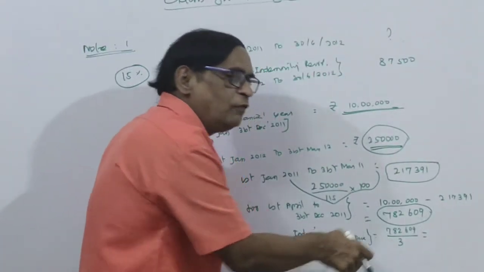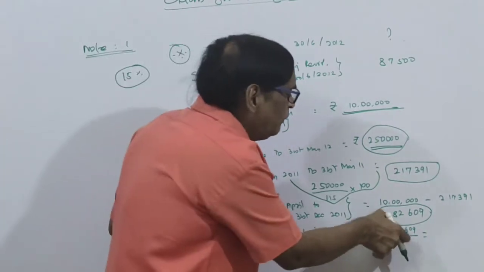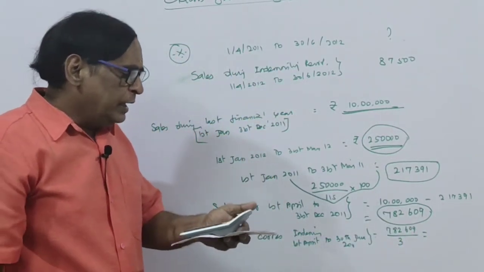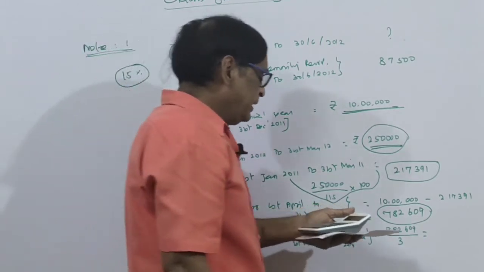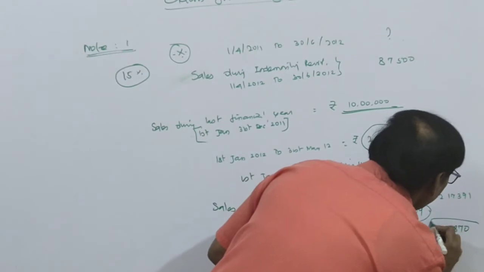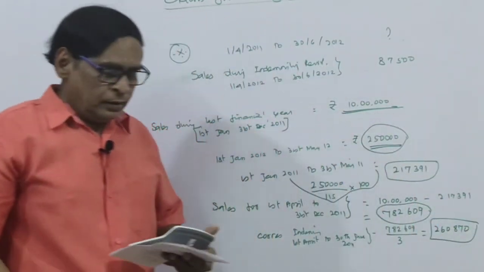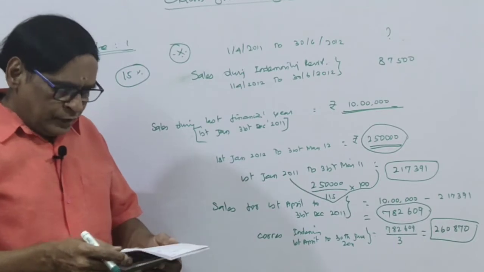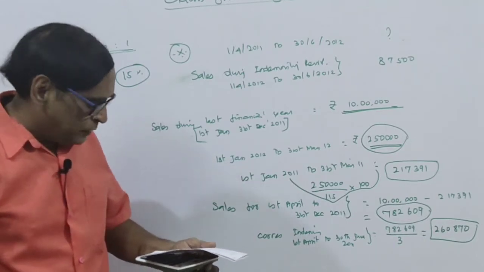If you want to calculate for 3 months, you have to divide the total figure by 3. So it will come to nearly 2,60,870. Understand? So you can easily find out short sales.